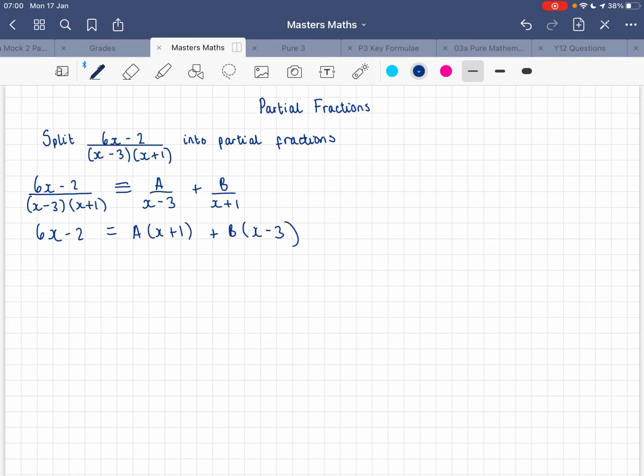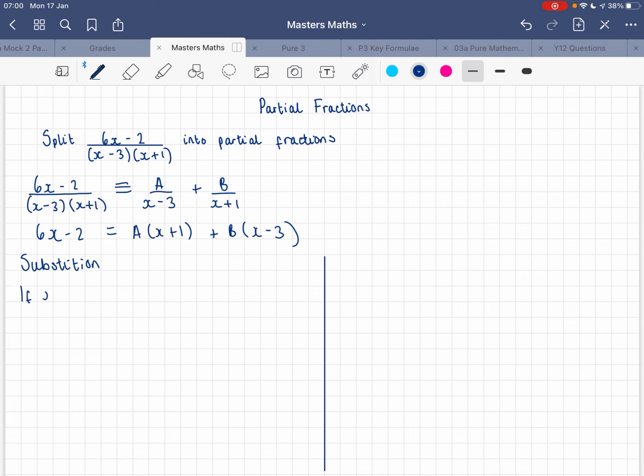So I now have this linear equation, which I can solve in two slightly different ways to calculate what A and B are. The first way, I'm going to split my page into two. The first way is by substitution. So I know if I substitute in, say, 3, then that B part at the end is going to cancel out because the bracket would be 0.